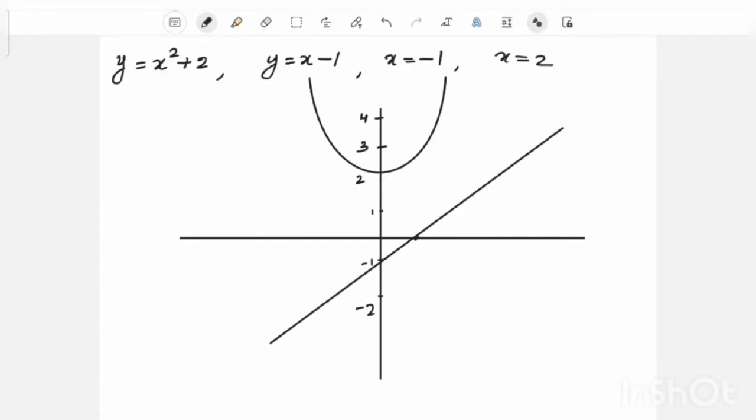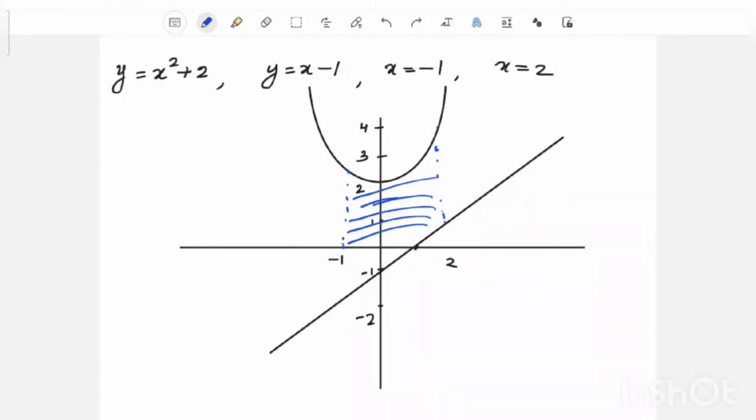Now we need to find the area between x equals minus 1 and 2. So we need to find this area. Since x square plus 2 is greater than or equal to x minus 1 on the closed interval minus 1 to 2, we can take this as f of x and this as g of x.